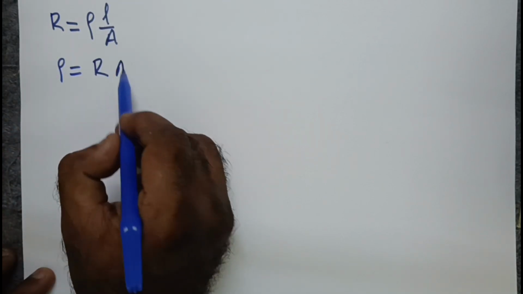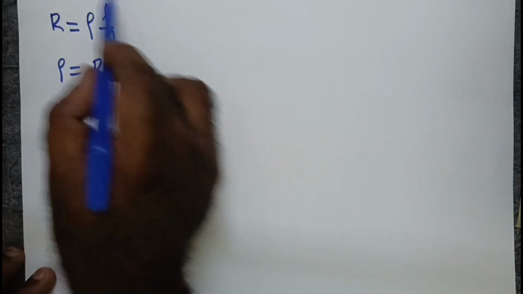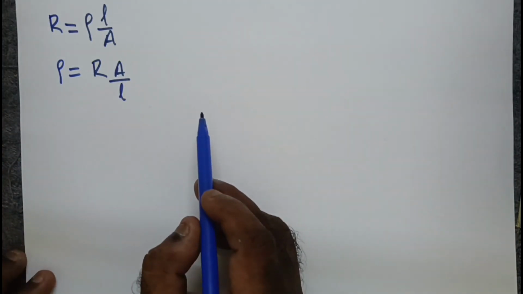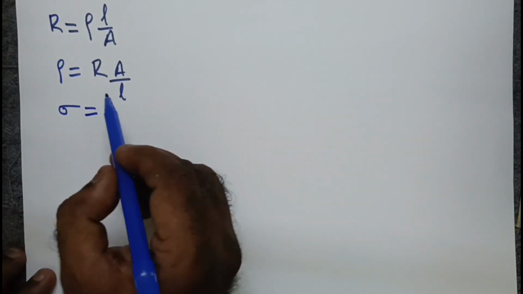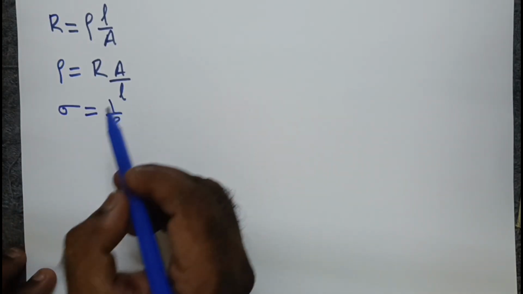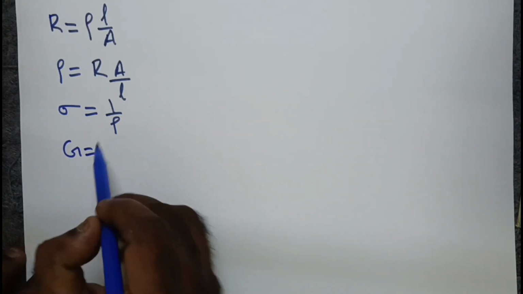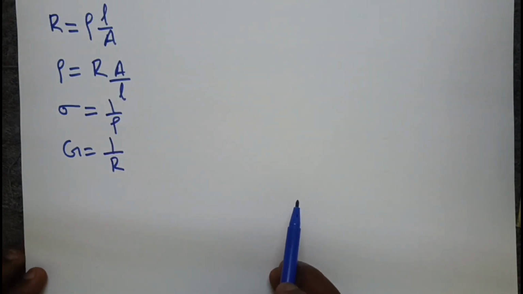R into A by L. Just to make some internal arrangement, you get rho is equal to R into A by L, okay? And sigma, that means conductivity, is 1 by rho. Then conductance G equals 1 by R. So these are the formulas you must remember, okay?